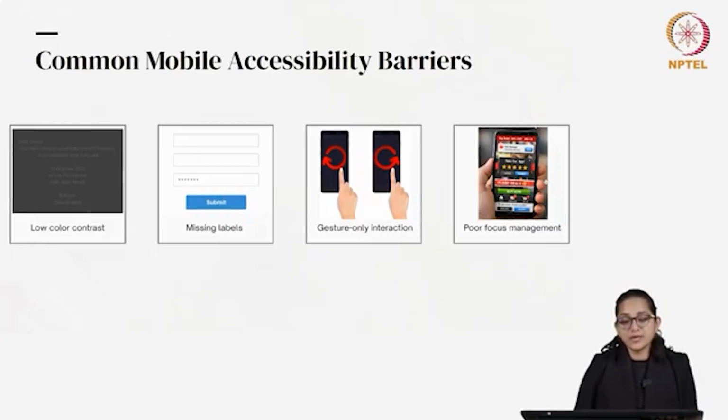Then poor focus management. If you have too many visual elements on the application, including ads, etc., it may be very difficult to focus on what to do, where the call to action is.